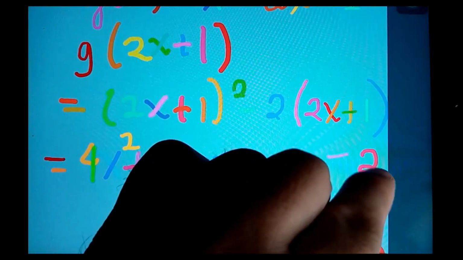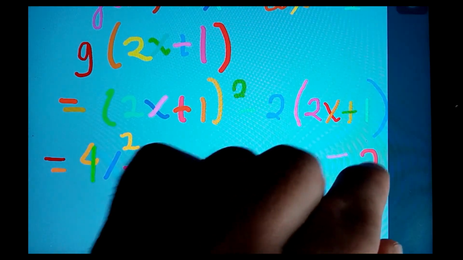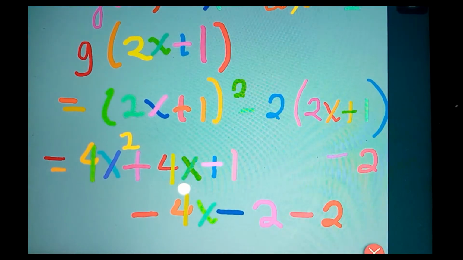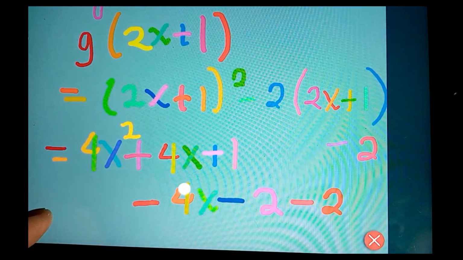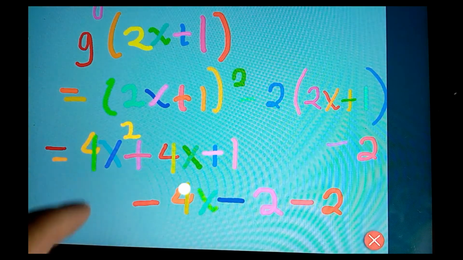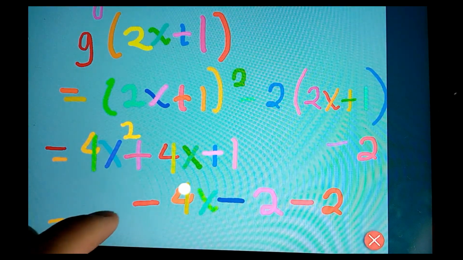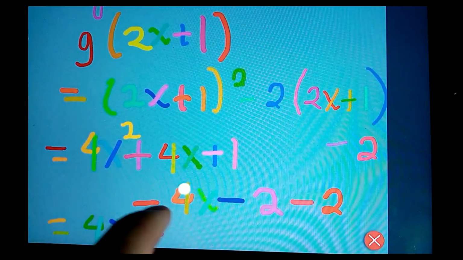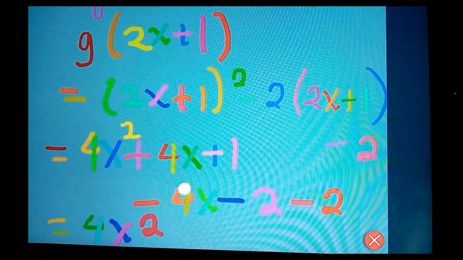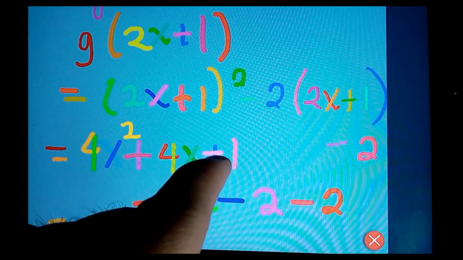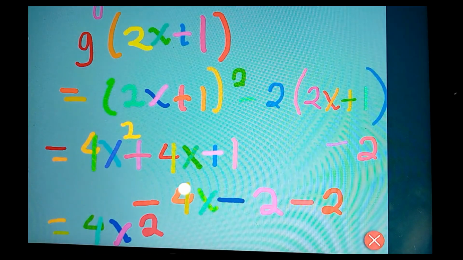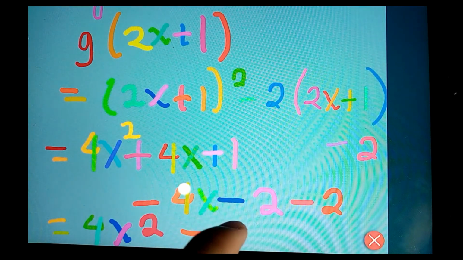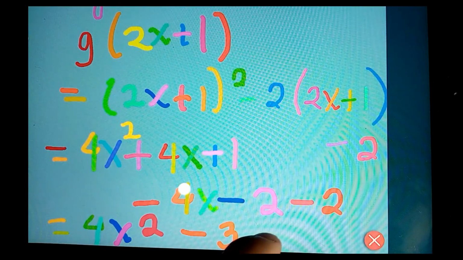Then we still have the third term, minus 2. So, final answer: bring down 4x squared, then 4x minus 4x is 0. Positive 1 minus 2 minus 2 gives negative 3.